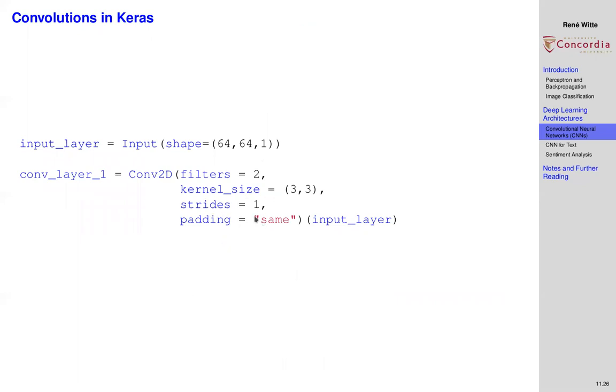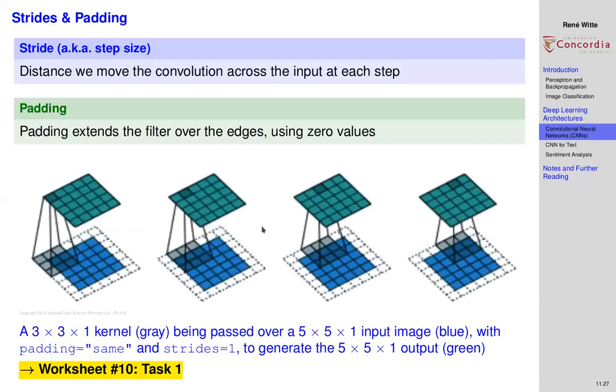So I still have to explain to you what are strides and padding. These are two parameters you can define on those filters. Stride is just the step size. How do you move this filter at a time? So here, what you see is the input image. That's the blue one here. The input image is 5 by 5 by 1.